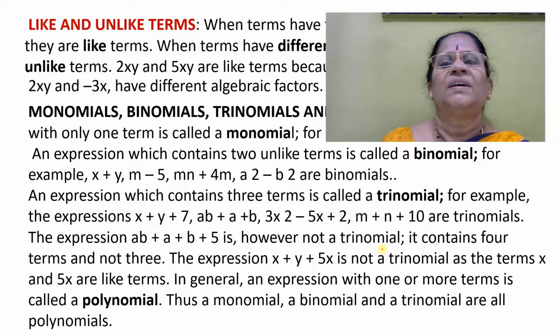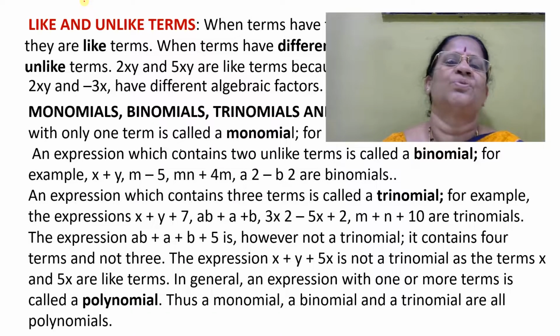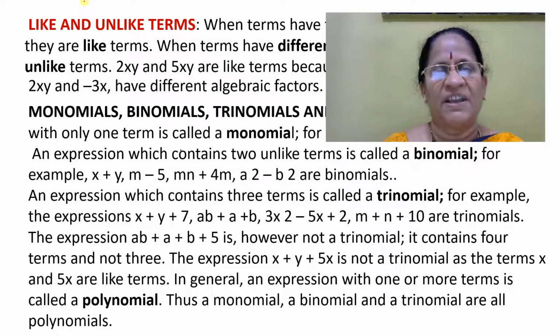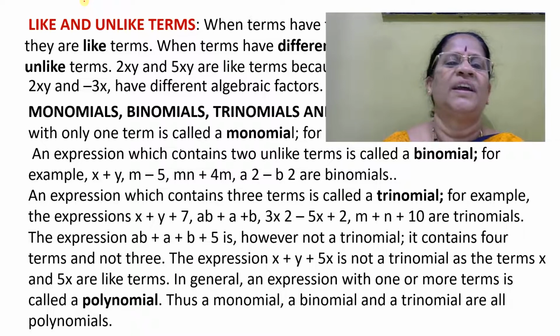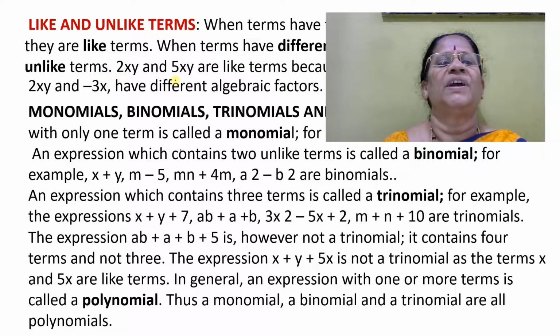Now let us consider the like and unlike terms. These like and unlike terms are related to the variables or the algebraic factors. If we have two terms, and the variables present in those two terms are the same, then they are said to be like terms. For example, here 2xy and 5xy.